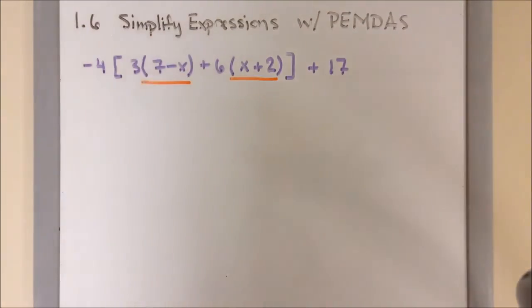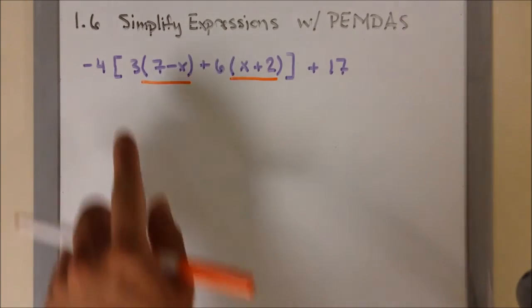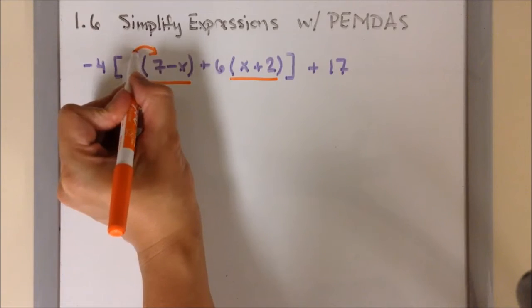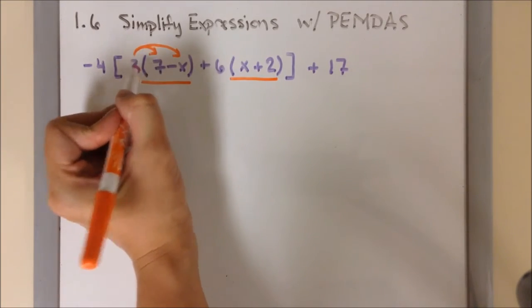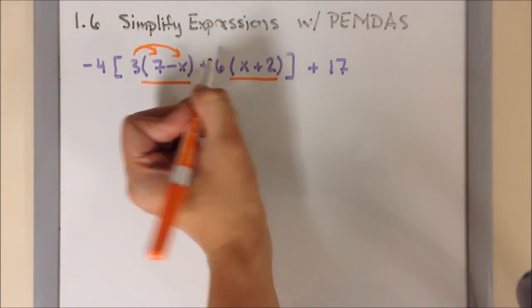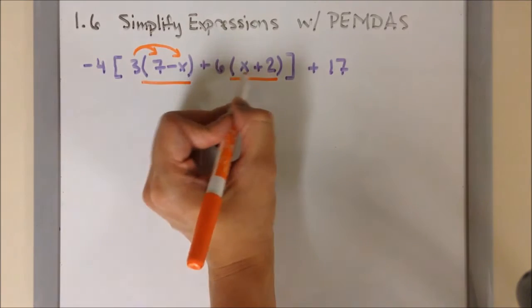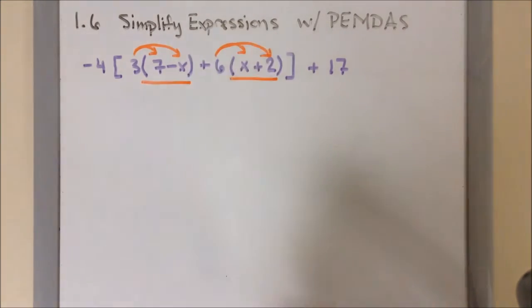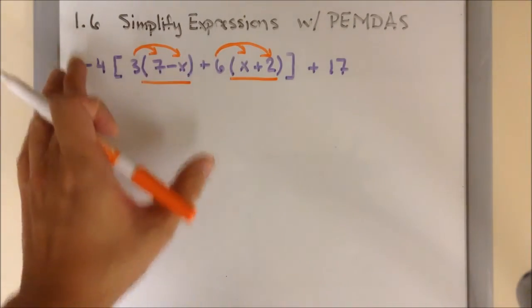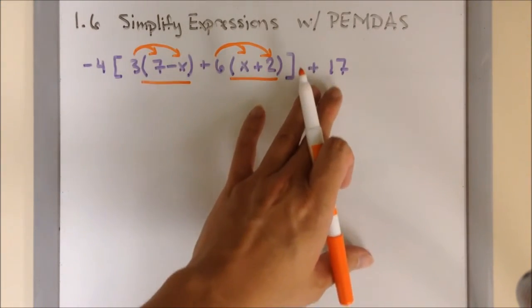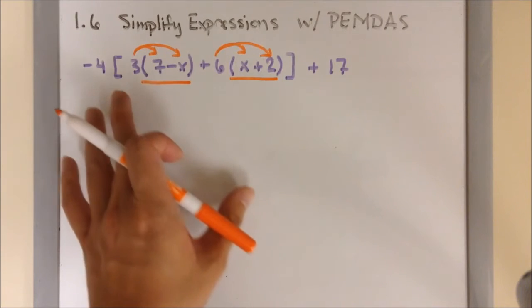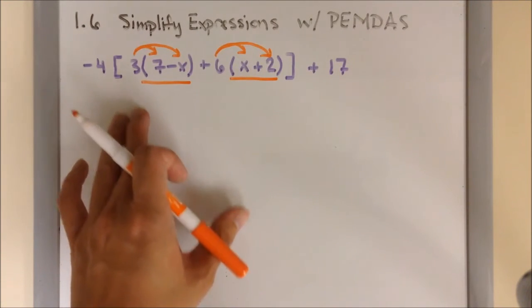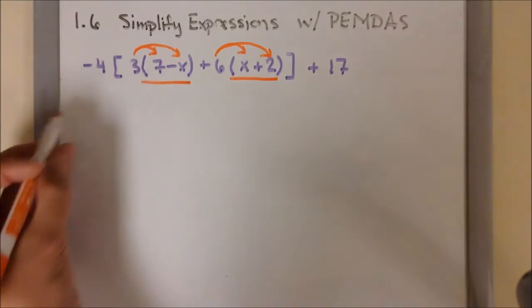So what I'm going to do next is on the first group, I'm going to distribute the 3 because it's directly in front of it. 3 times. And then here, positive 6, it's directly in front of the second group. So I'm going to distribute. Alright, I'm going to bring down the negative 4, bring down the plus 17 while I distribute the 3 and the positive 6.